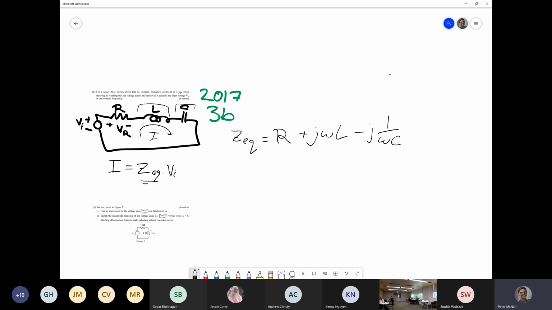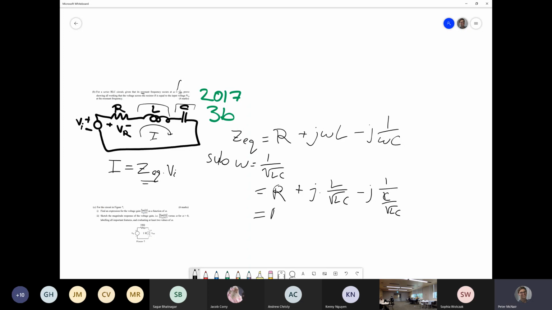Now, they've told us that the resonant frequency occurs at 1 on root LC. So we actually would like to sub that in. Once we've subbed it in, we might have to do a little bit of playing around, but L on root LC, and this is going to be 1 on 1, C on root LC.